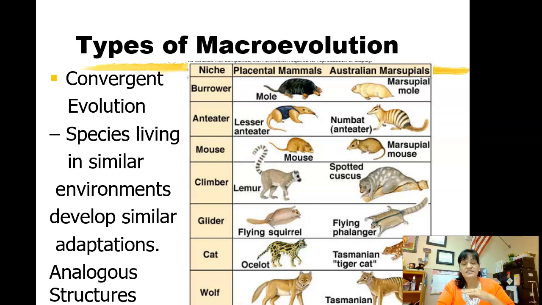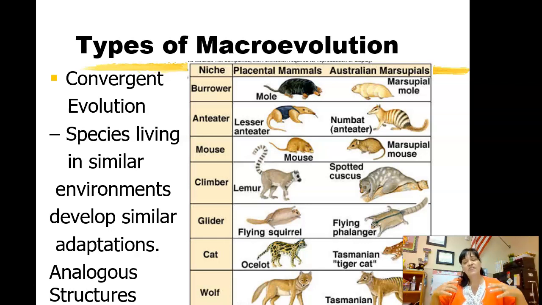So let's just take this glider, for example, here. We have a flying squirrel and a flying phalanger, okay? Their actual common ancestors go back quite a ways. They're not real close in common, but they have converged in the same environment, and so they have trees and good ways for them to move around in and jump through this forest, right?